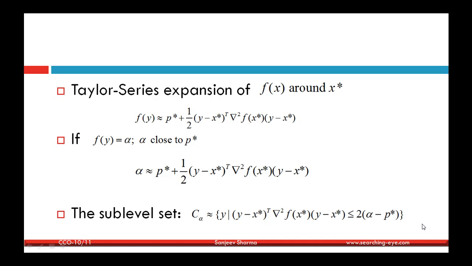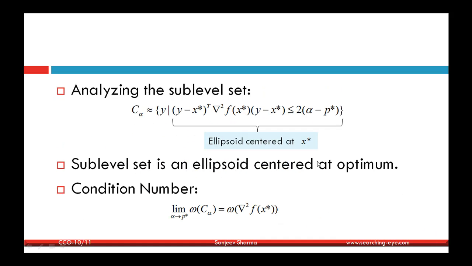So as we can see, this inequality, that is y minus x star transpose del square f of x star times y minus x star less than or equal to twice of alpha minus p star, defines an ellipsoid which is centered at x star, and therefore the sublevel set is an ellipsoid centered at the optimum, which is denoted by x star.